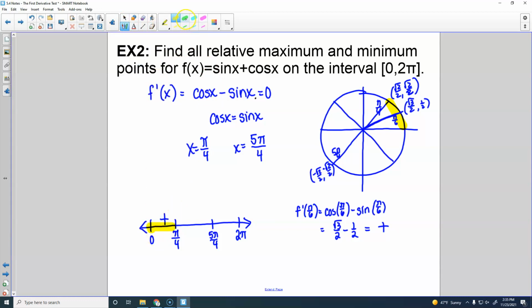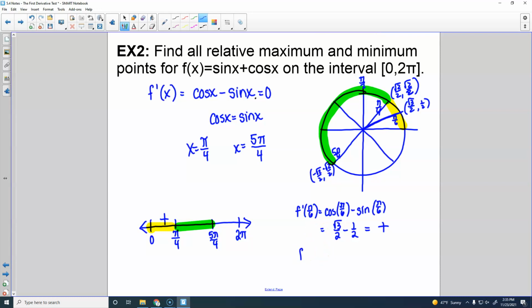Okay. Then we are going to pick something between pi over 4 and 5 pi over 4. That is right here on the unit circle, right? I would pick either pi over 2 or pi because both of those are, in my opinion, easier to remember ones. So let's do pi over 2.